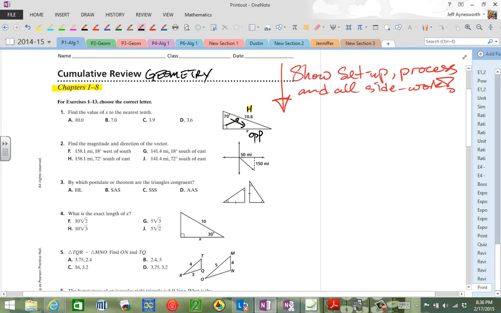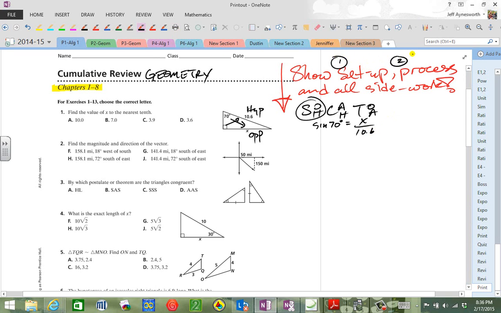Everybody say SOHCAHTOA. Sine is opposite divided by hypotenuse, cosine is adjacent divided by hypotenuse, and tangent is opposite divided by adjacent. That means this calls for the sine function. The sine of the angle is equal to the opposite side divided by the hypotenuse, 10.6. That's called my setup.